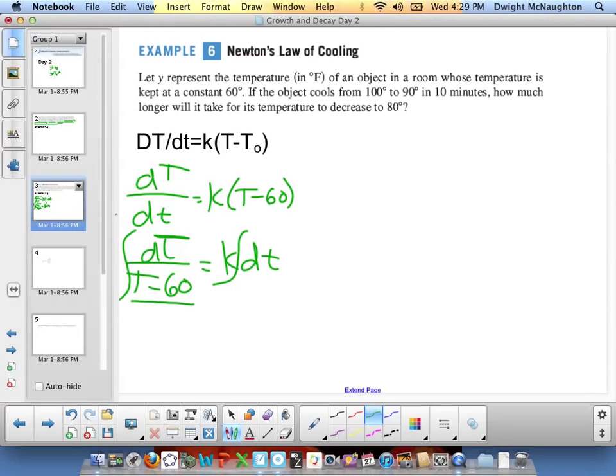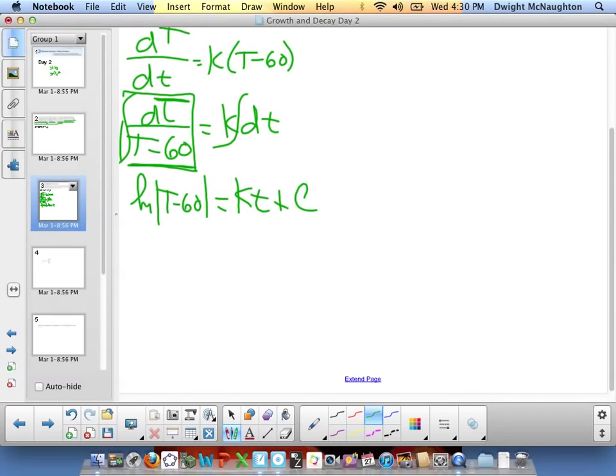Over here, this is a natural log form, because you've got dT over T minus 60, which ends up being the natural log of T minus 60 equals kt plus a constant. We want to solve for T. We'll undo the log by exponentiating. So T minus 60 equals e to the kt plus C.